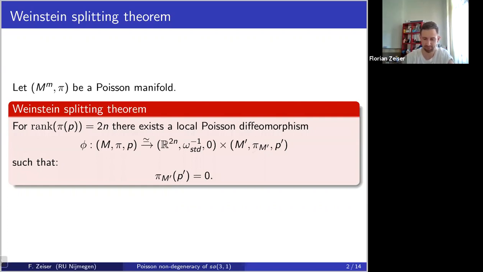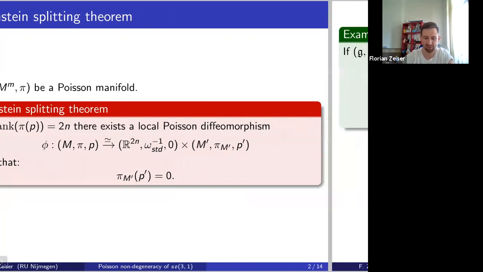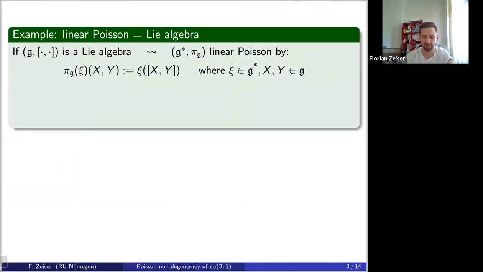The most basic example of such a structure is a linear Poisson structure, and linear Poisson structures correspond to Lie algebra structures in the following way. If we have a Lie algebra structure, then we get the linear Poisson structure by this formula.